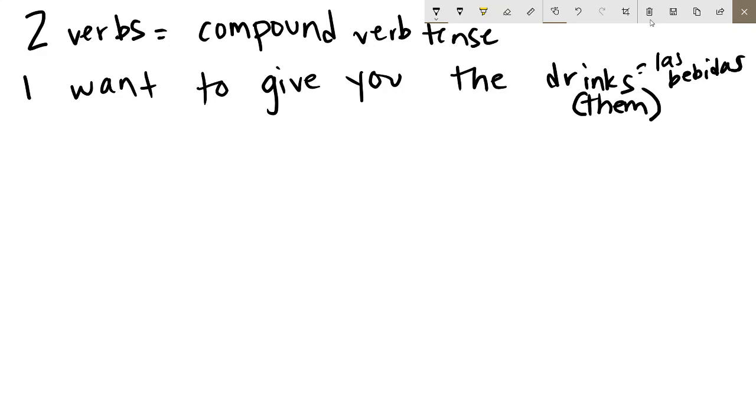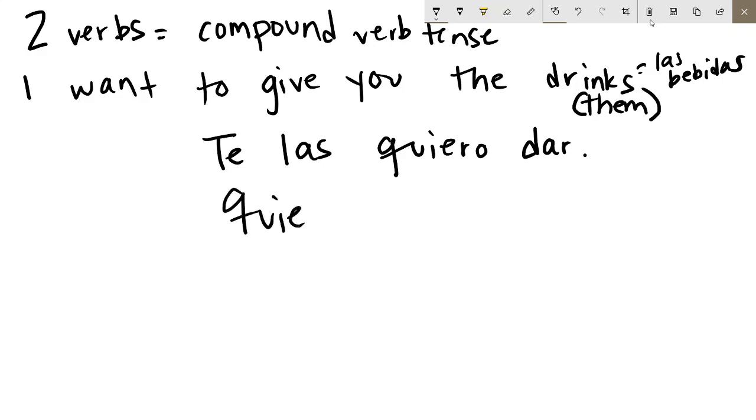Okay, so I am going to write this two ways. Because there are two verbs, I can do it two ways. I can write it te las quiero dar or quiero darte las. Right?